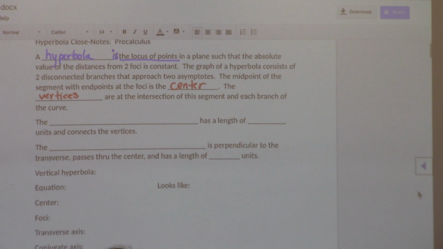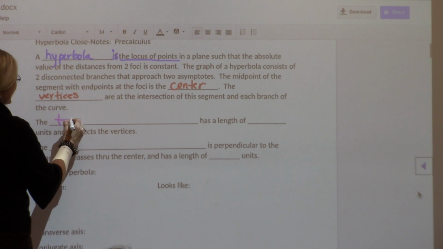I want some other color. So the foci, the vertices, and the center all lie along this line. And it's symmetrical to either side of it, correct? All right, this is called the transverse axis.